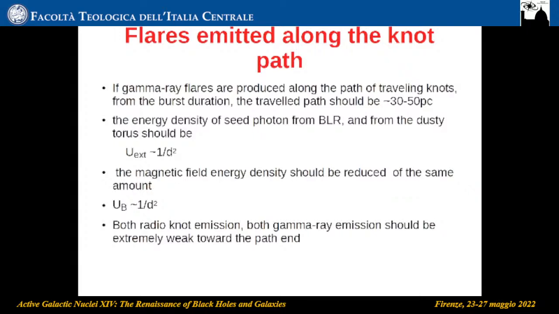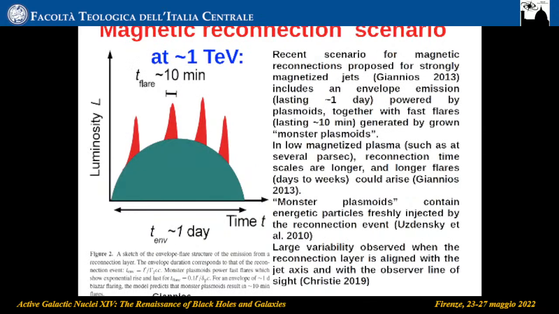Or you can assume that the flares are emitted along their path. In this case, the path is about 30 or 50 parsec, but you expect that the flares are extremely weak toward the end of the path. This could maybe be compensated, assuming that the knot accelerates during the travel.